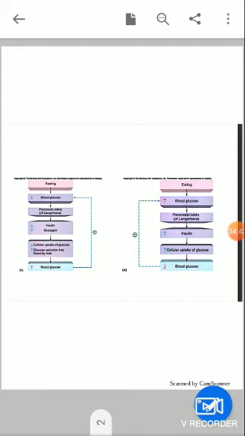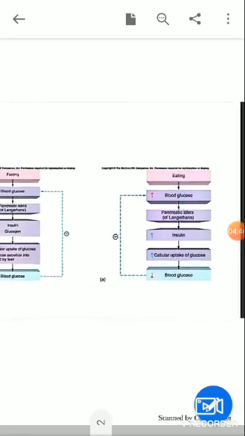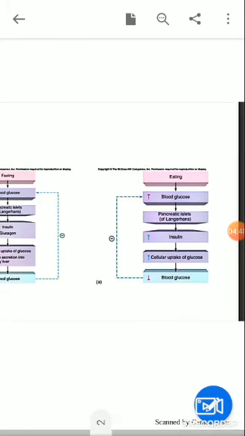After eating, the blood glucose level increases in our body. Then the receptors in our body sense the change.